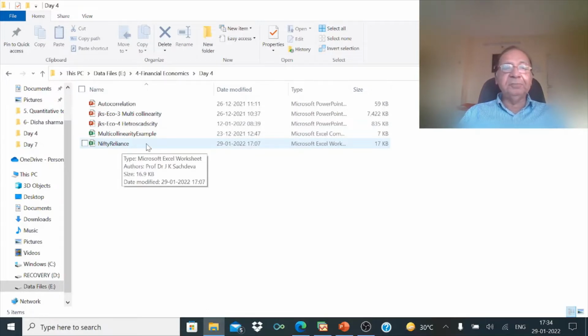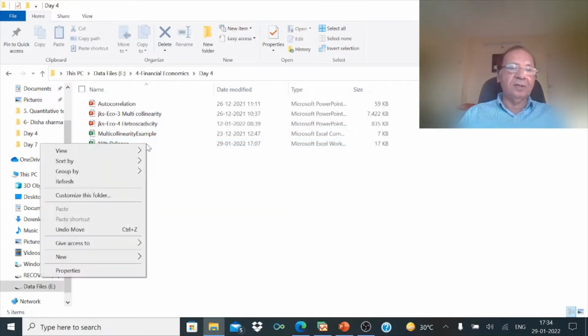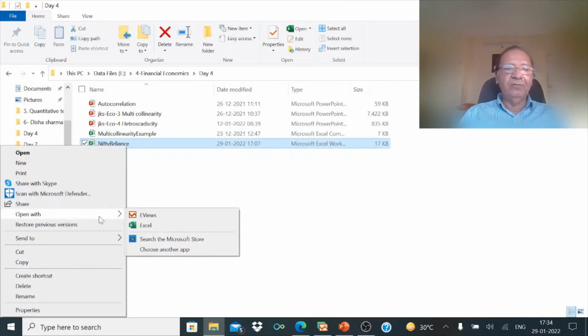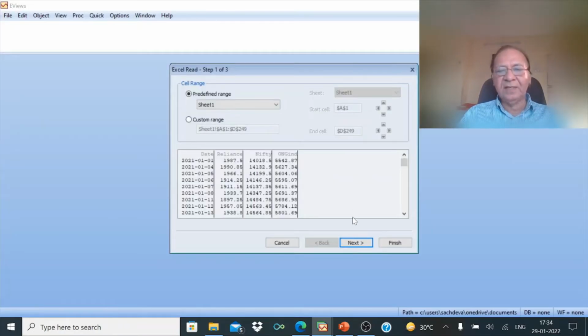I can simply right click on it and open it with EViews. EViews is already started. You can upload the data directly, or you can simply open it. It will ask you a few things, because first it wants to know whether the data is in date form, or month form, or quarterly form.